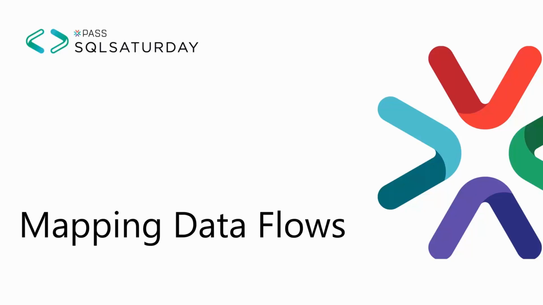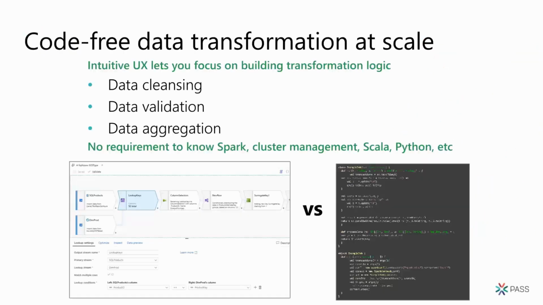And in order to do that, we're going to really dig into what mapping data flows is all about. I've said it a couple of times, but you might get the impression that I really want to get this point across. The whole point of mapping data flows is that we provide code-free data transformation, and we do it at scale.